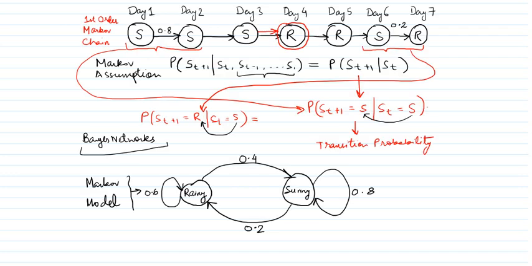This is one kind of problem. So how would I write the probability? I can represent this Markov model with the help of a probability table.